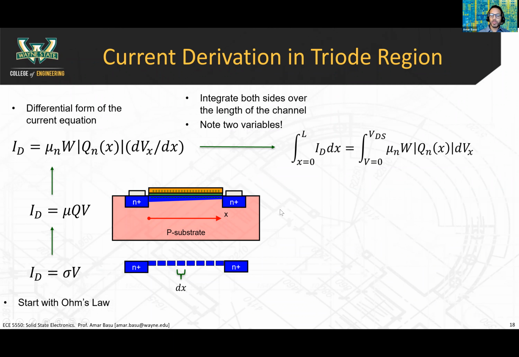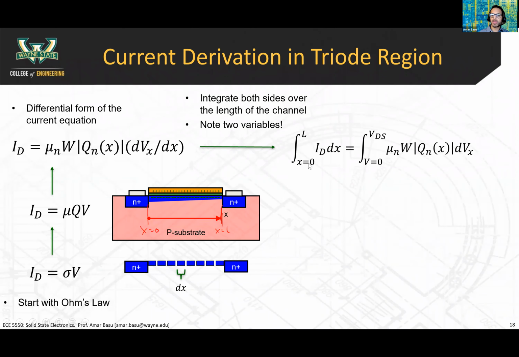So in terms of the variable x, it will be integrated from x equals 0 to x equals L. L is the length of the channel. So this here is x equals L. This here is x equals 0. So we're integrating from the left to the right side.